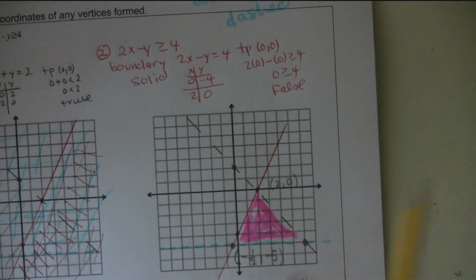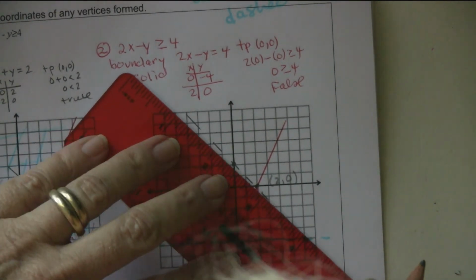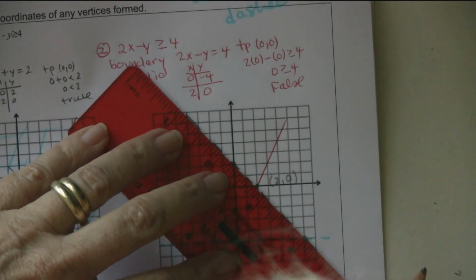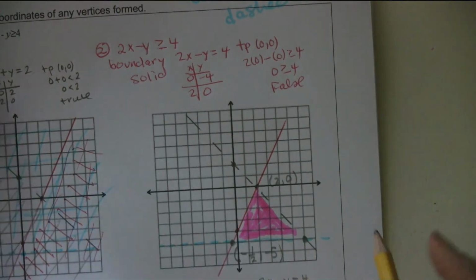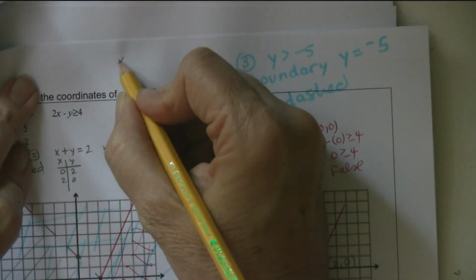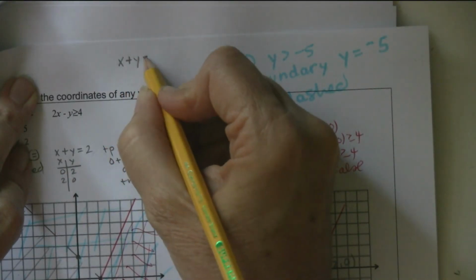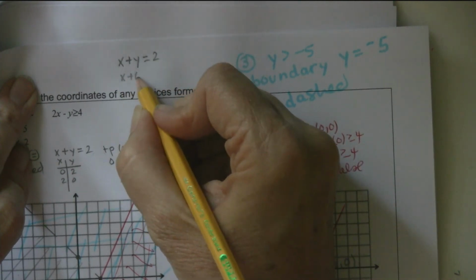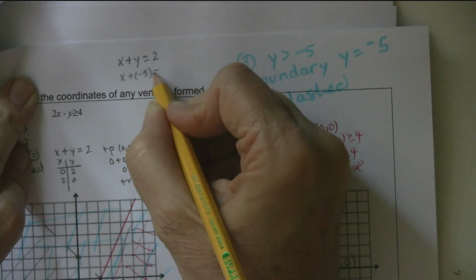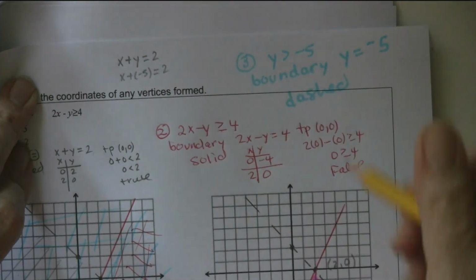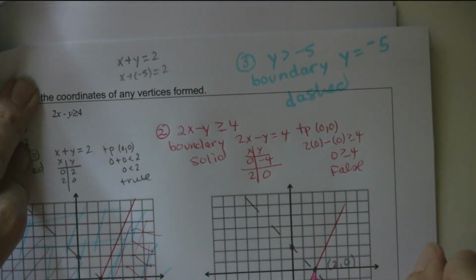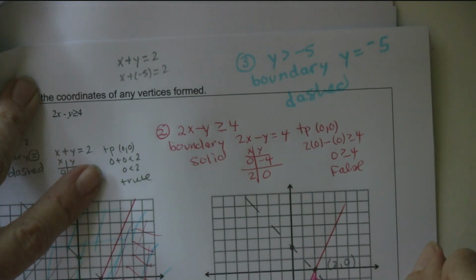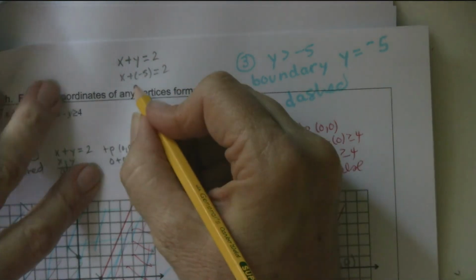And then my line here, x plus y equals 2, putting in, did I make a mistake here? Because it looks like it's crossing here at x is 6.